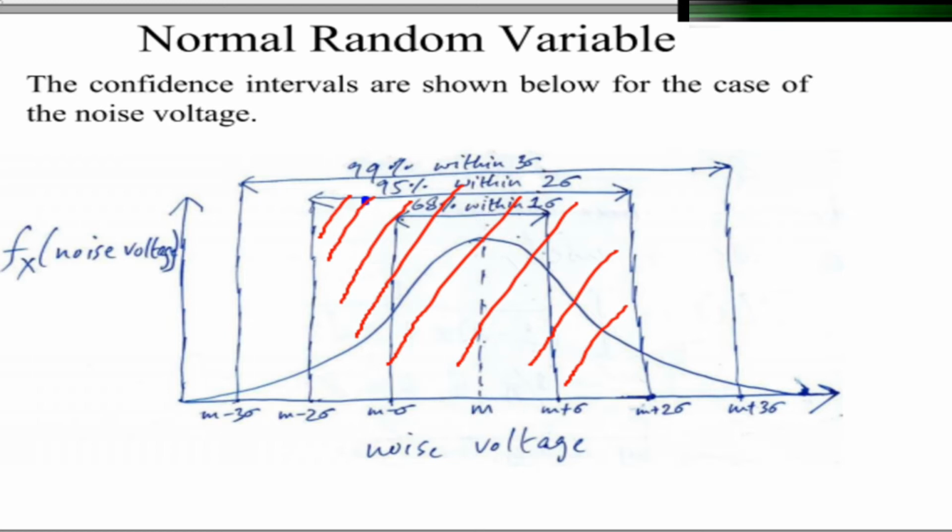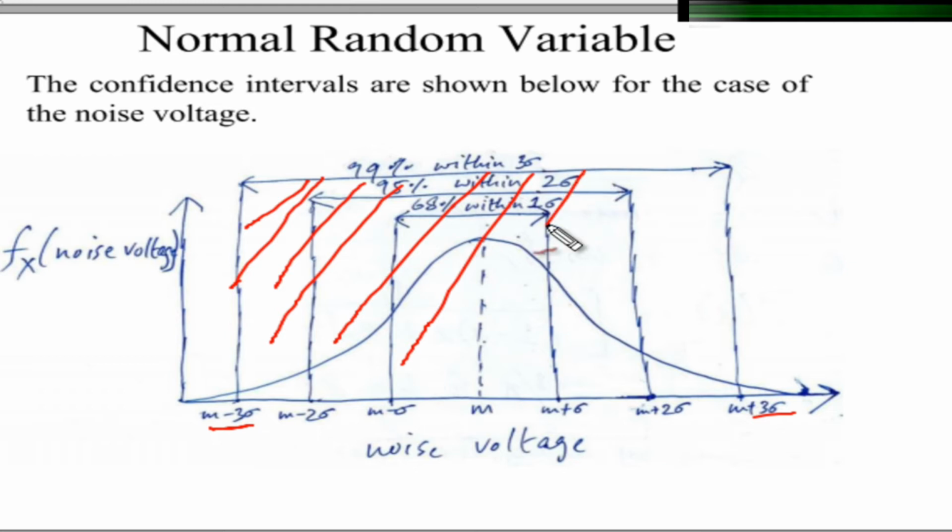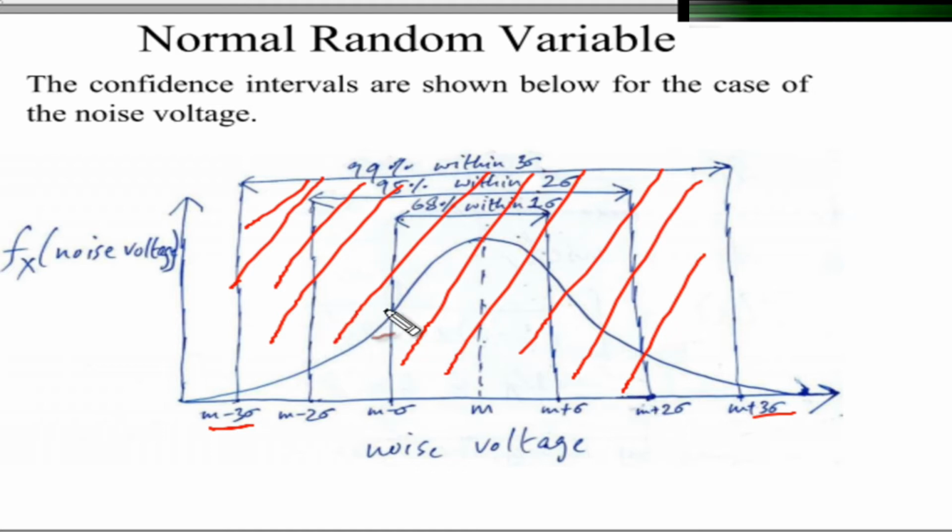And if we discuss three standard deviations, this is m minus 3 sigma and m plus 3 sigma. These three standard deviations will almost have 99% of the overall population, almost the total amount of population within three standard deviations.